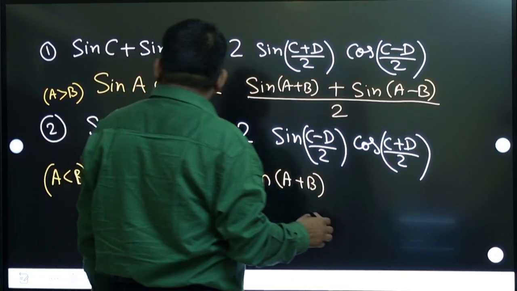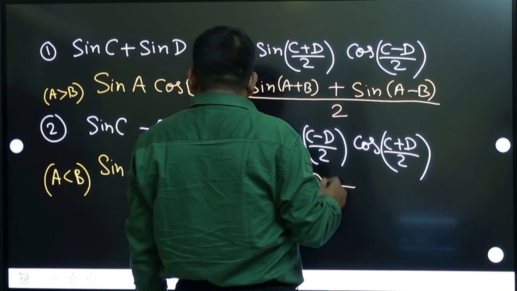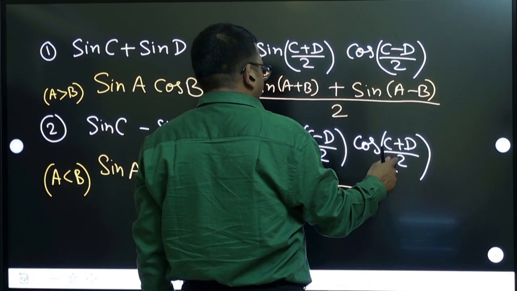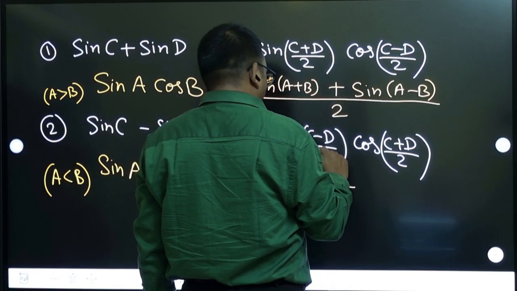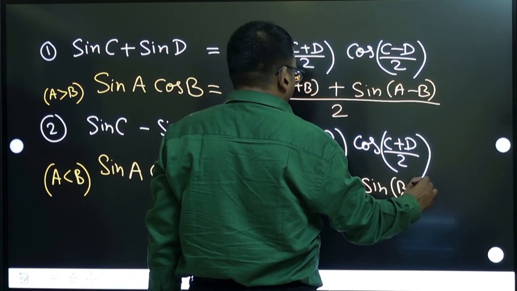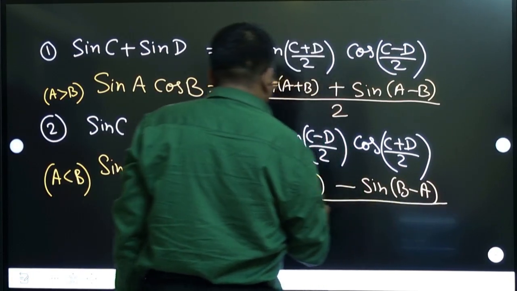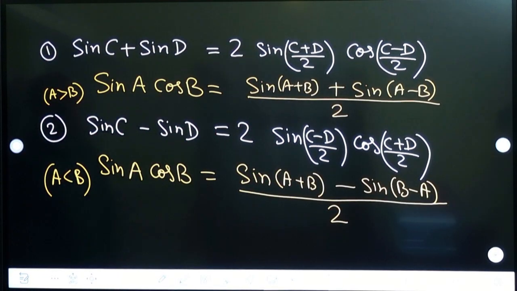No, a minus sign is coming up. And D I'll get by subtracting this minus this, that means B minus A. Sin (B minus A) I need to do, divided by 2. Correct. It looks correct now. Check this.